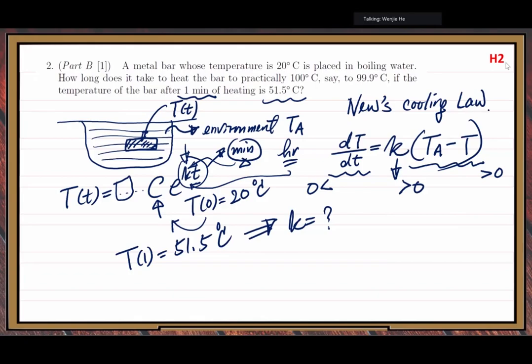You need to find the little t1 when the temperature equals 99.9 degrees Celsius, to find this little t1. That's pretty easy. So that is question number 2.